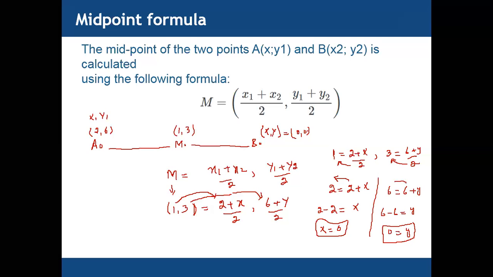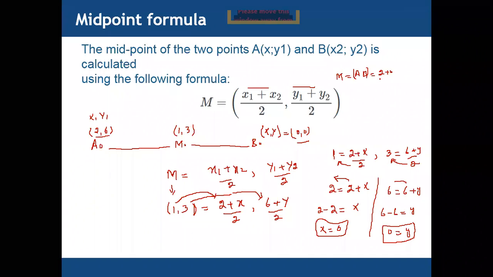Now, is this result correct or not? How can you find out? With the help of the midpoint formula, you can prove whether your result is correct or not. Now we know that B is 0 and 0, and A is 2 and 6. If you use the midpoint formula, for A and B we have x1 plus x2 divided by 2 and y1 plus y2 divided by 2. So 2 plus 0 divided by 2.